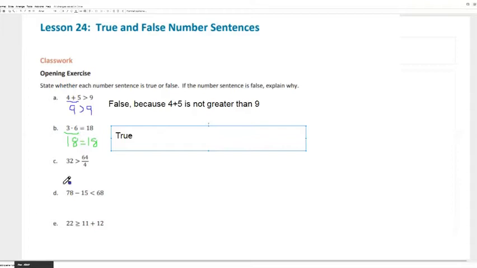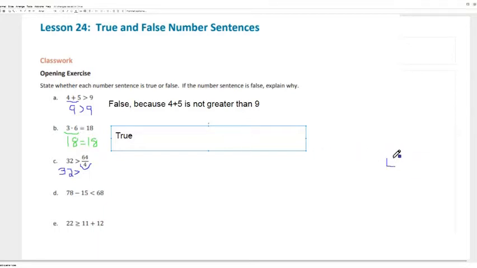As we continue moving on, now it's almost written backwards, some people like to say, because the operation is now on the right side. That doesn't change anything. We just go through it the same way. Nothing's changing on the left side, so 32 is greater than, and now we do the division. Remember, the fraction bar means division. So when we divide, the bottom number goes into the top number.